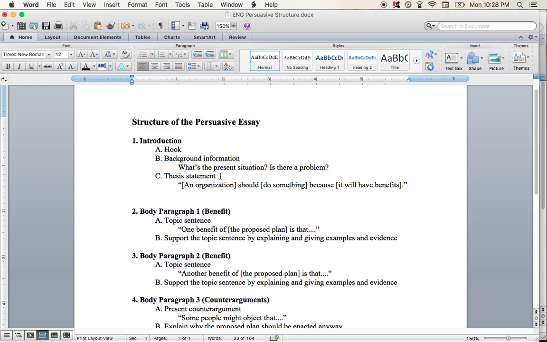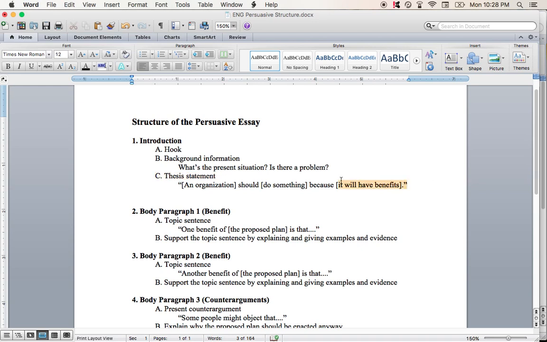And then finally, at the end of the introduction, at the end of the first paragraph, is going to be your thesis statement. And this is just one sentence in which you very plainly say, this is what we should do. This is what the organization needs to do differently because it has some sort of benefit or advantage.